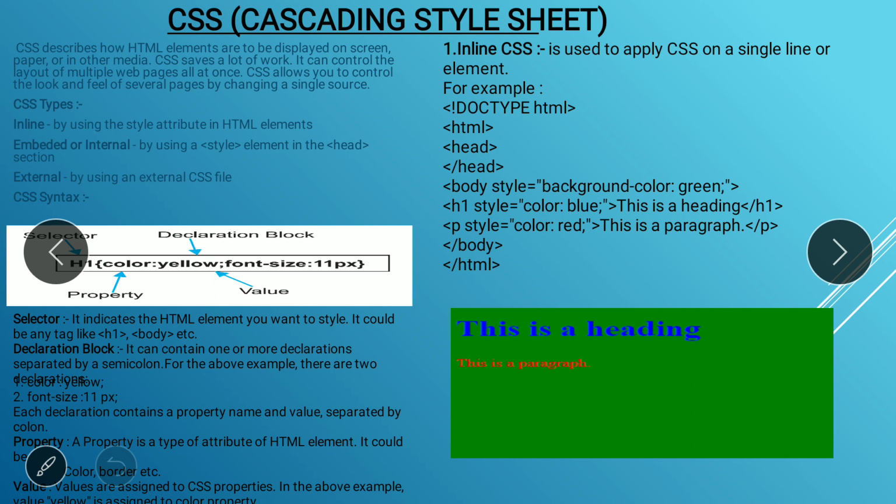That CSS is used in the head part in between the style elements, right? And external is nothing but the external CSS file, and that external CSS file is merged with your HTML file, right?